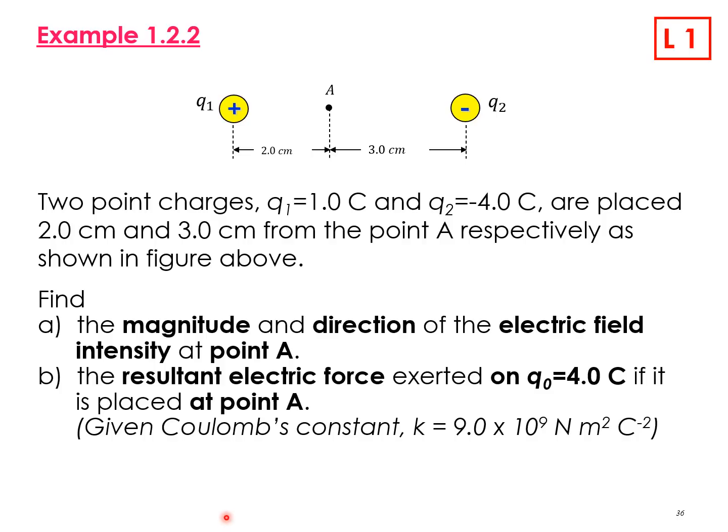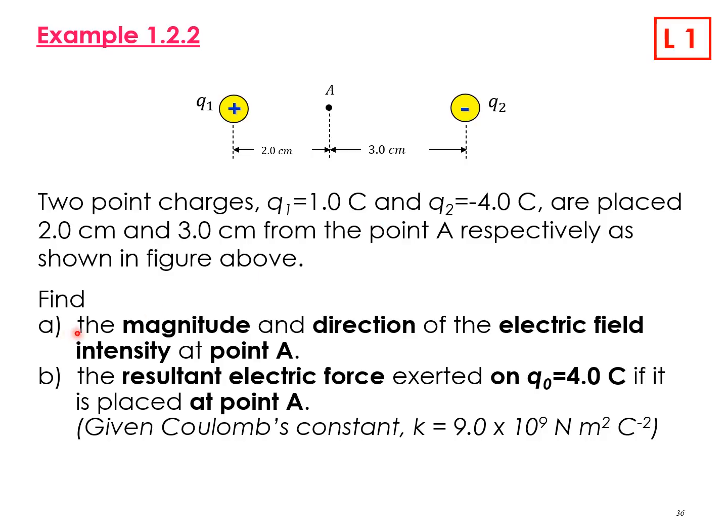Okay, now we move to another example, 1.2.2. Here you are given 2 point charges. Q1 is a positive charge, Q2 is a negative charge, and the magnitude of Q1 is 1 coulomb while Q2 is negative 4 coulomb. Point A is placed 2 cm from Q1 and 3 cm from Q2.